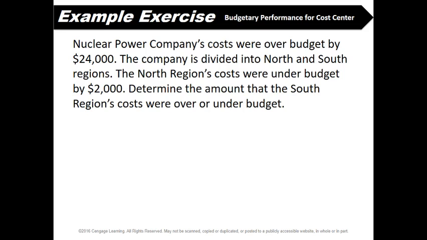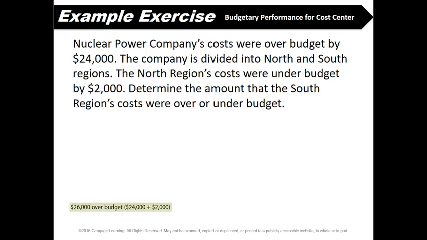Now, a nuclear power company's costs were over budget by $24,000. The company is divided into North and South regions. The North region's costs were under budget by $2,000. We need to determine the amount that the South region's costs were over or under budget.